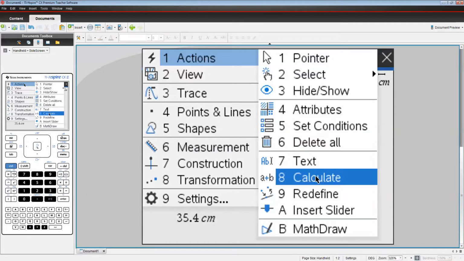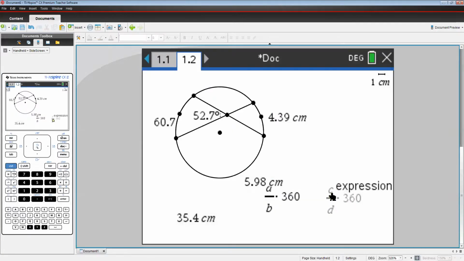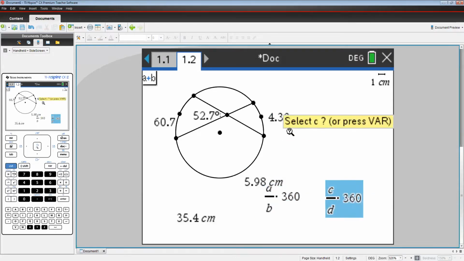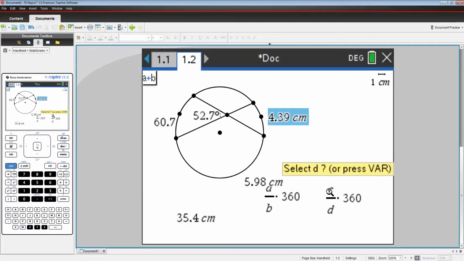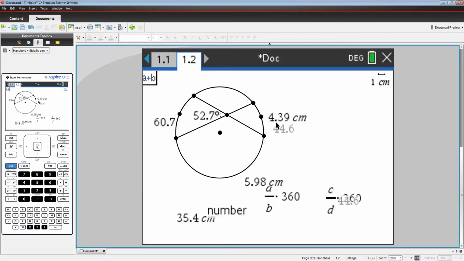All right, menu, actions. I didn't need to do this again, but calculate. All right, C over D. I could have made a C over B. It's the same D, right? It's the same circumference. But for this calculation, that will be my numerator. This will be my denominator. And this arc here measures 44.6 degrees. So measure the sum of the two intercepted arcs.